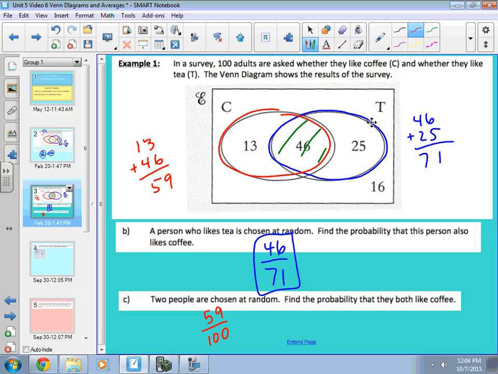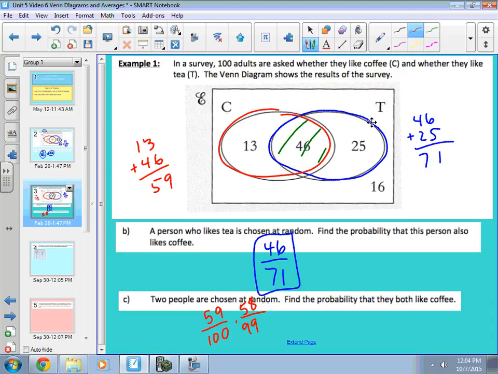Assuming that that first person picked likes coffee, what's the chance the next one? Well, how many people would be left to choose from? 99 people. And there would be 58 left that like coffee. So if you multiply these probabilities together, we should get our answer here.